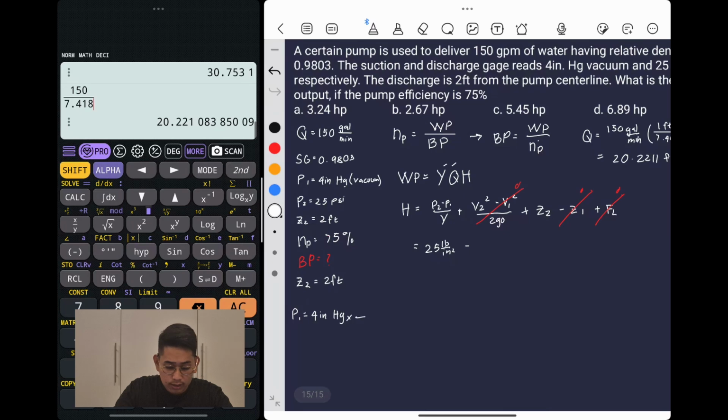So ayan, para di mahaba ang pinaka-solving, hiwalay na natin siya ng solving. So sa isang inches ng mercury, it's 29.92 if I'm not mistaken, sa 14.696 na PSI.